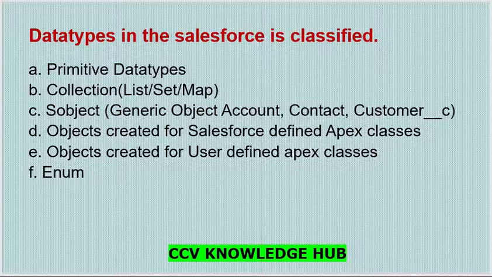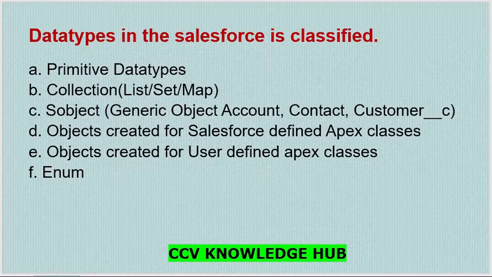If you create any custom object, like Customer__c, that also comes under sObjects. The next one is objects created for Salesforce defined Apex classes. The next is objects created for user defined Apex classes, like classes and interfaces. And the next one is enums.